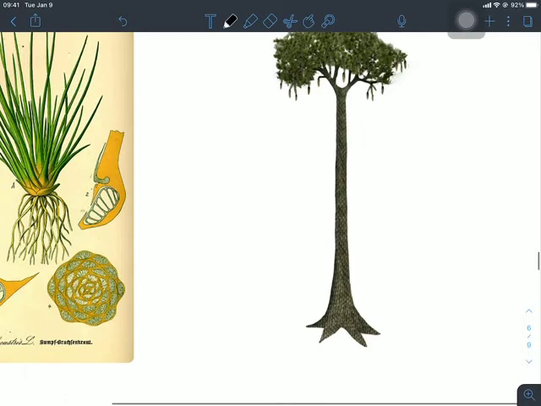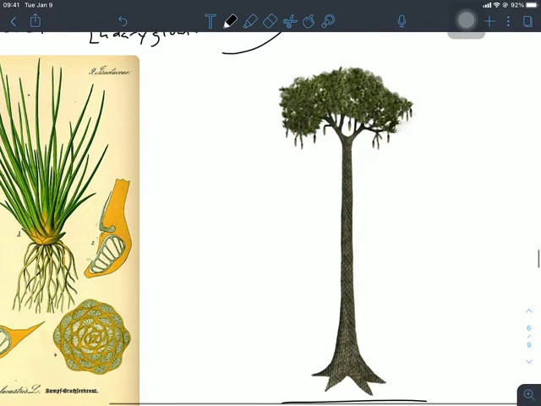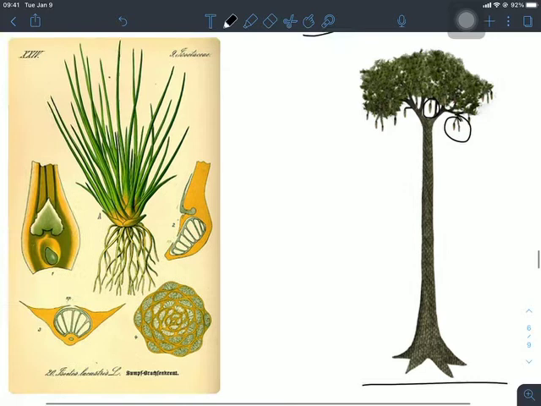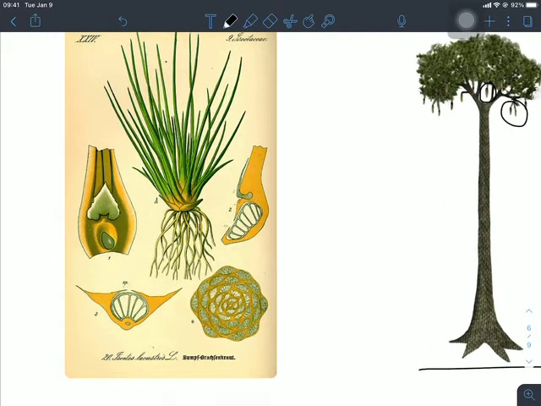Artist rendering with graphics and some of those strobili, the spore-producing structures on the lepidodendrid, and a modern-day drawing of our thickening stem of an Isoetes, the way in which they make their spores, and even the way in which they grow their leaves with a ligule.